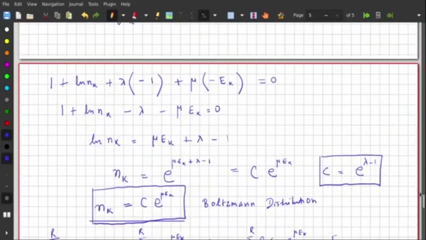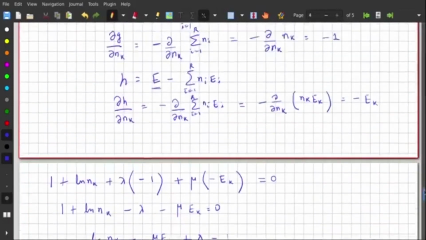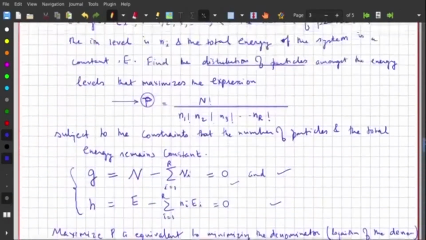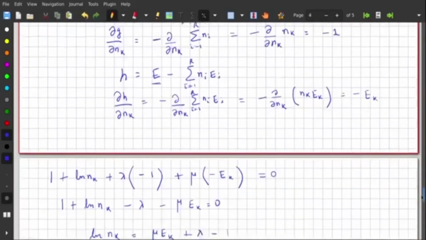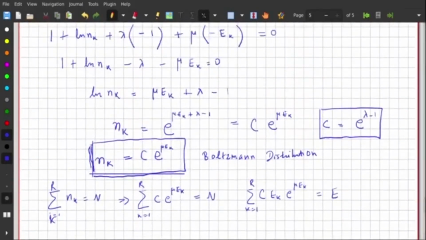So this is when we were able to show how the Boltzmann distribution is a result of an optimization problem. It is related to finding the most probable number of ways of arranging N particles in, let's say, r energy states, and the equilibrium particle distribution is given by the Boltzmann distribution, and that's what we derived here. Okay, so this was the Boltzmann distribution. So that's for this segment. Thank you.